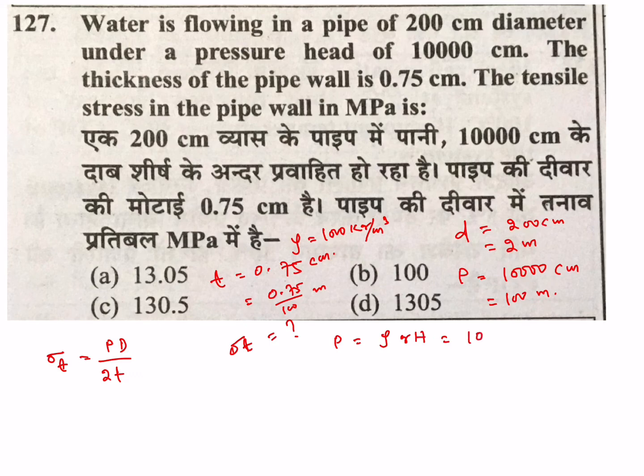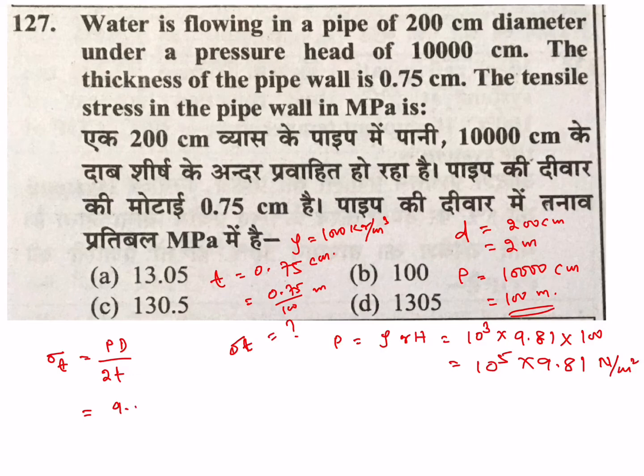Density is 10 to the power 3 into g is 9.81 into pressure head is 100 meters. So how much you will get? 10 to the power 5 into 9.81 Newton per meter square.